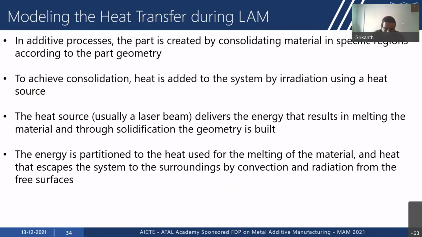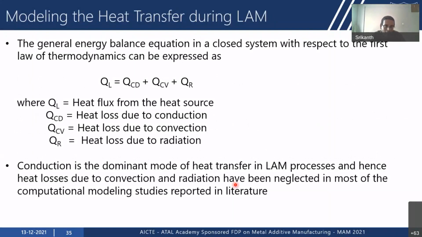Now, if you look at that partitioning and you write the energy balance equation across the system, the energy can be written as follows. So Q_L is the heat flux from the heat source. Now this heat flux is equivalent to Q_CD, which is the heat lost due to conduction. Q_CV is the heat loss due to convection, and Q_R is the heat loss due to radiation.